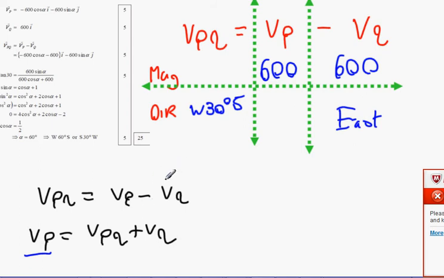A really easy one to start off with is phi Q, because I know everything about it. I know that it's going east at 600. Okay? And then what I know is that phi PQ should be going in which direction.